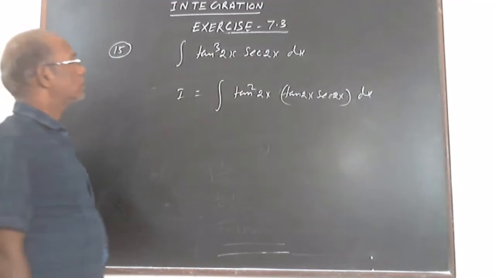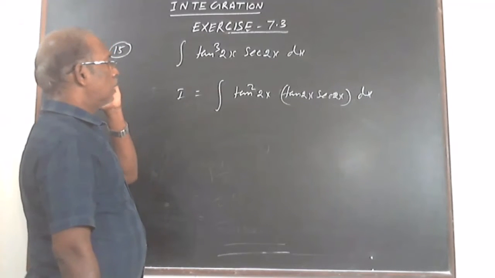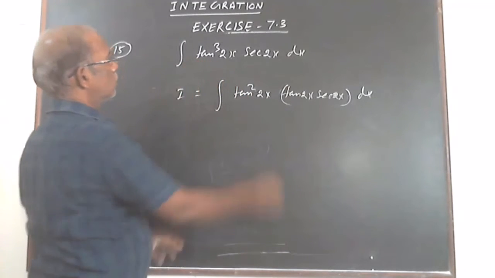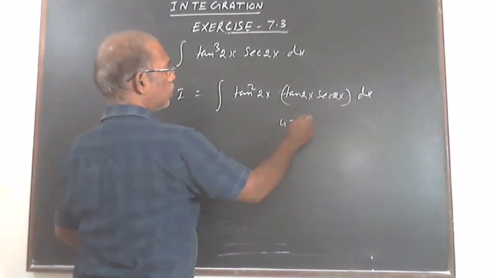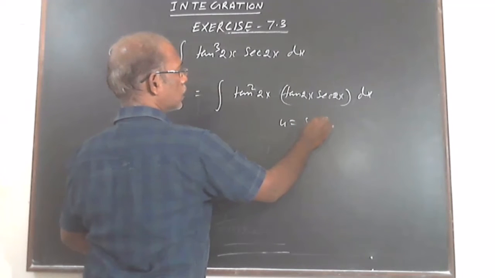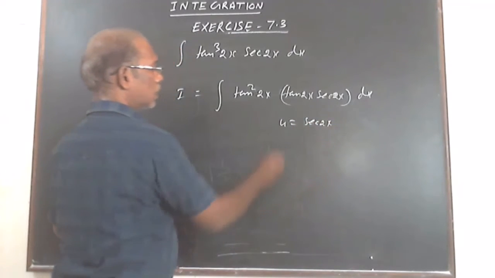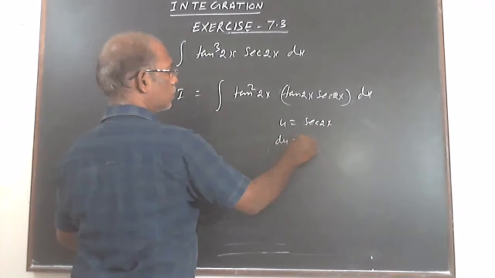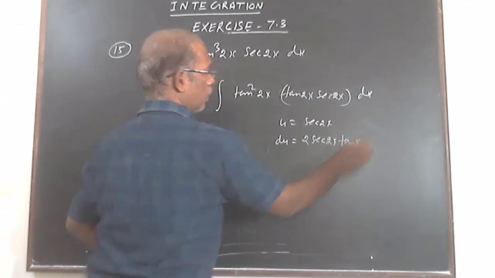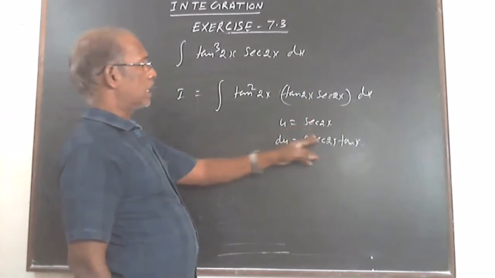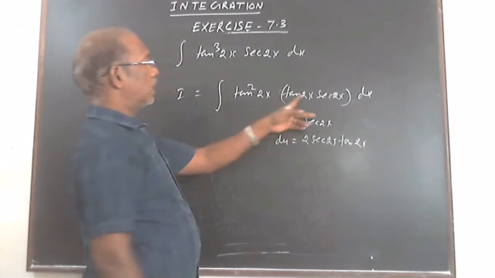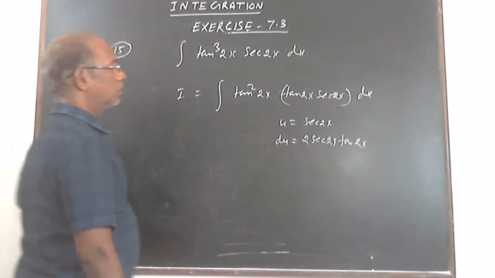Then let u equal secant 2x. Then du will be equal to 2 secant 2x tan 2x, so tan 2x secant 2x dx is 1 by 2 du.